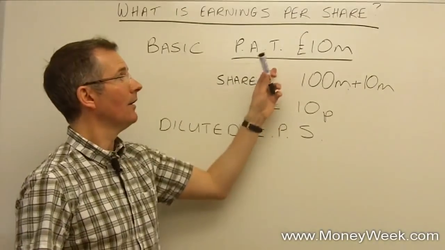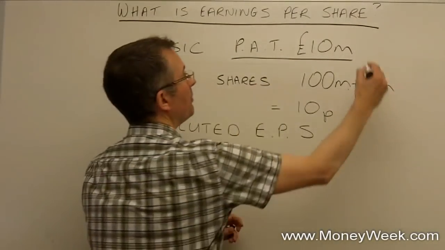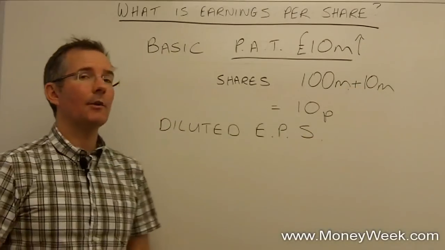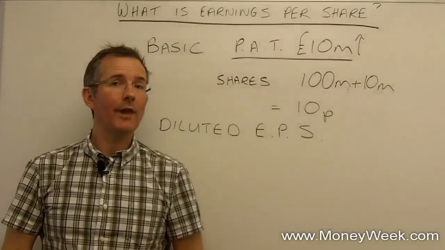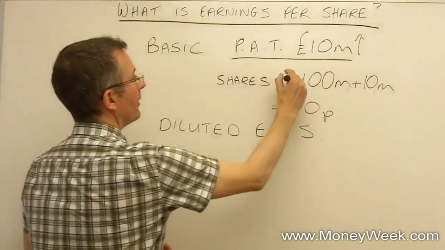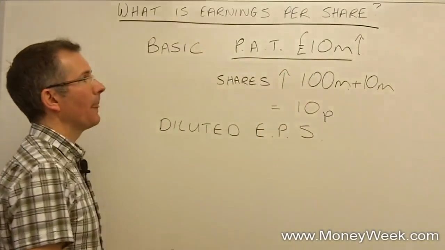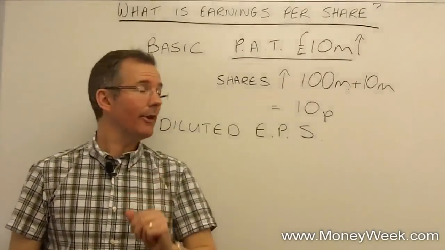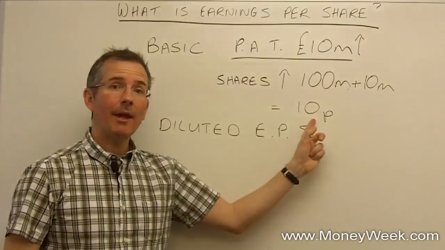So here, what that would do is it would boost profit after tax a little bit, because suddenly we don't have an interest charge on the debt going through the profit and loss account, and it would increase the number of shares in issue. It would still on balance probably be dilutive. Now what that means is the 10p would shrink a bit.